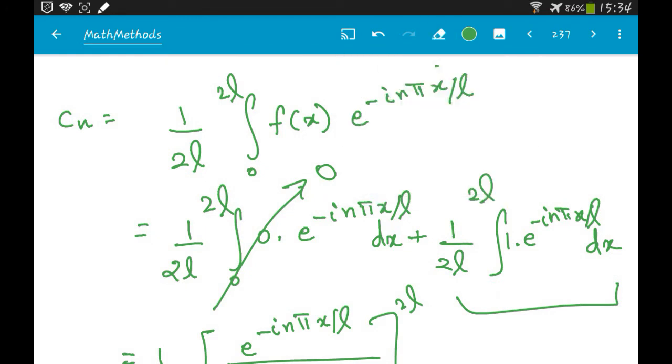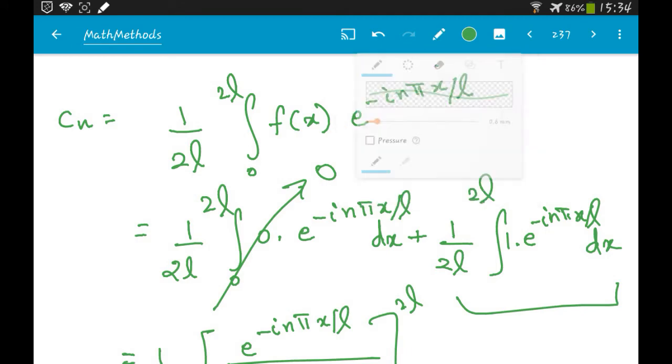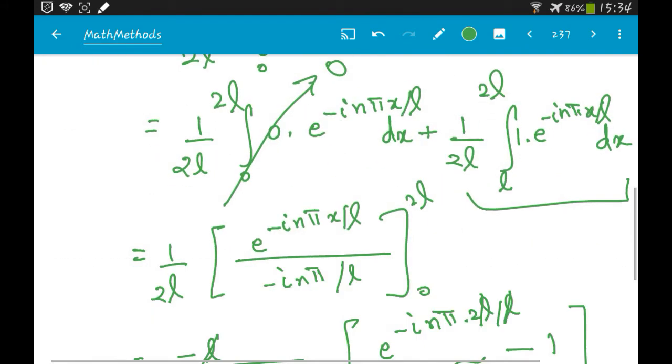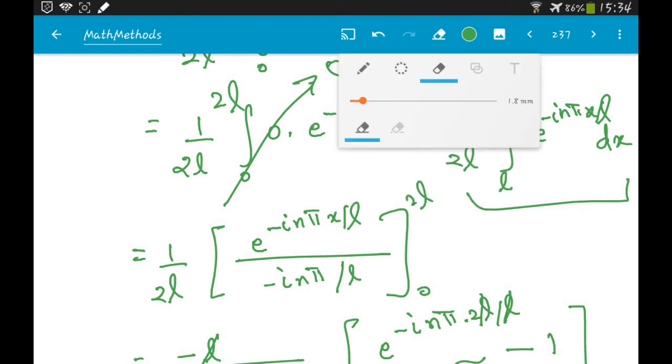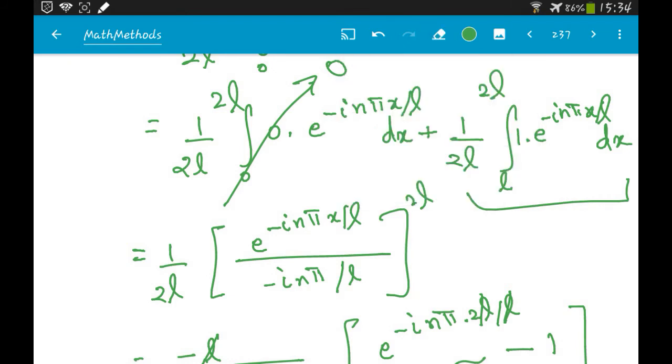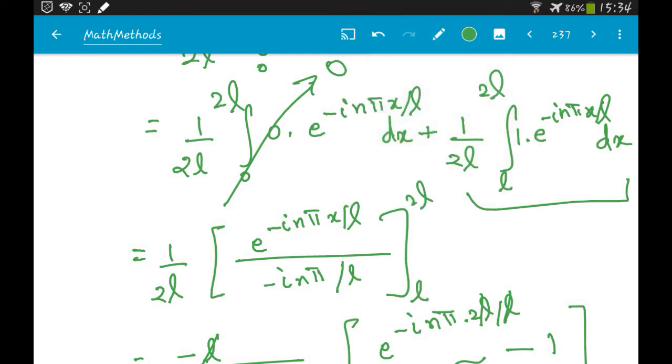This is nothing but L, and this is also L, so it goes from L to 2L.